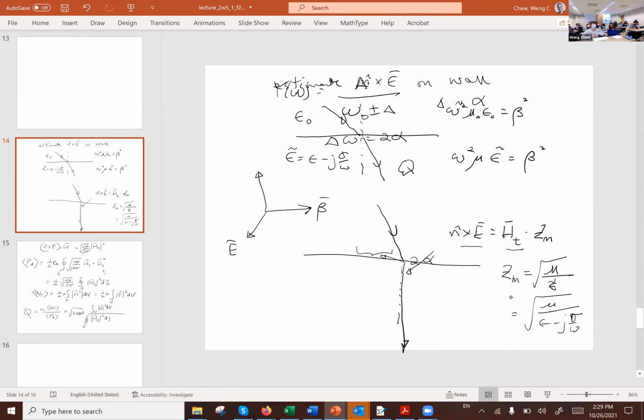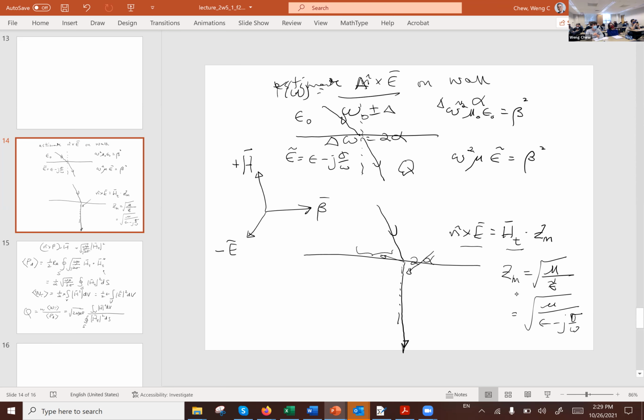Let me see, it doesn't erase now. I don't know why it doesn't erase. I don't know how this right hand rule is wrong. Okay, maybe I just put the minus sign.